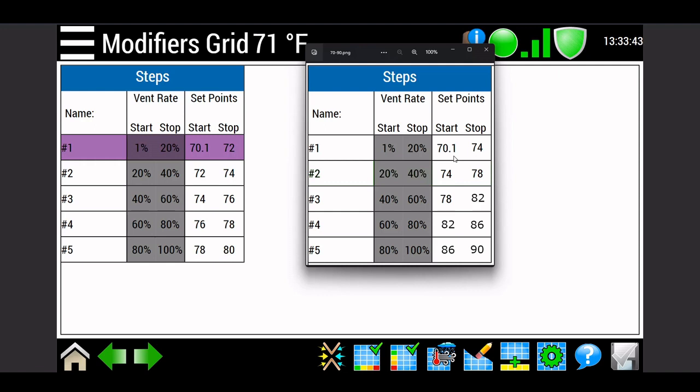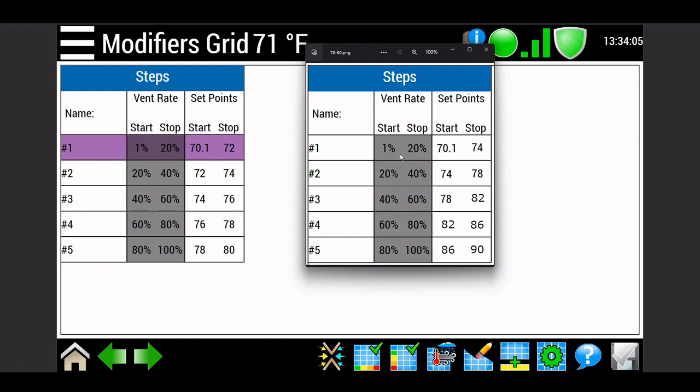That means that the same temperature is going to be a lower percentage of ventilation. Again, we're ventilating less because the air that we're ventilating with is going to be much more effective at cooling, because it's much colder.